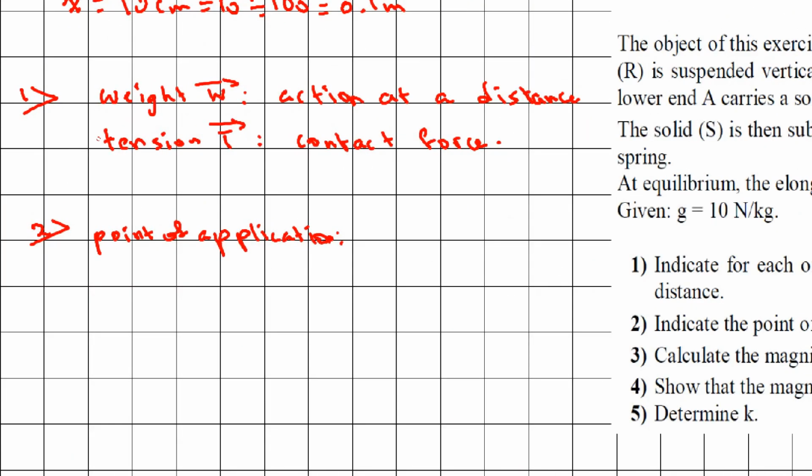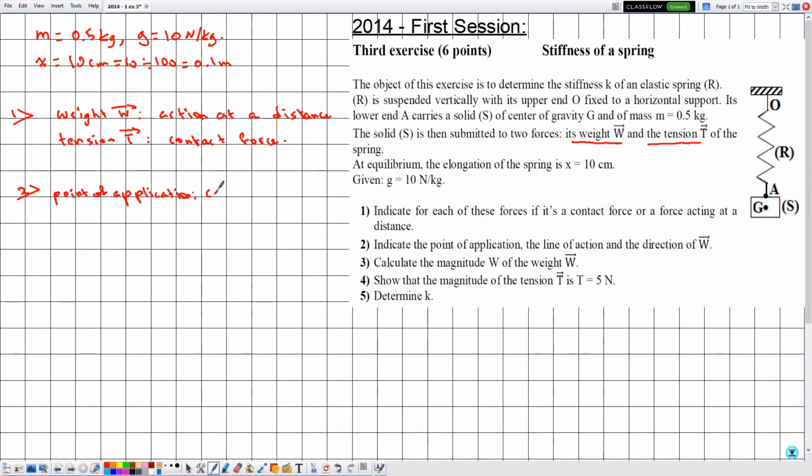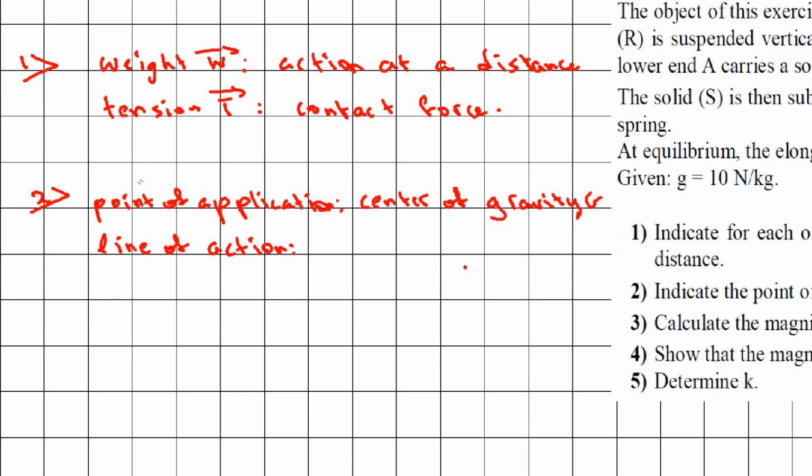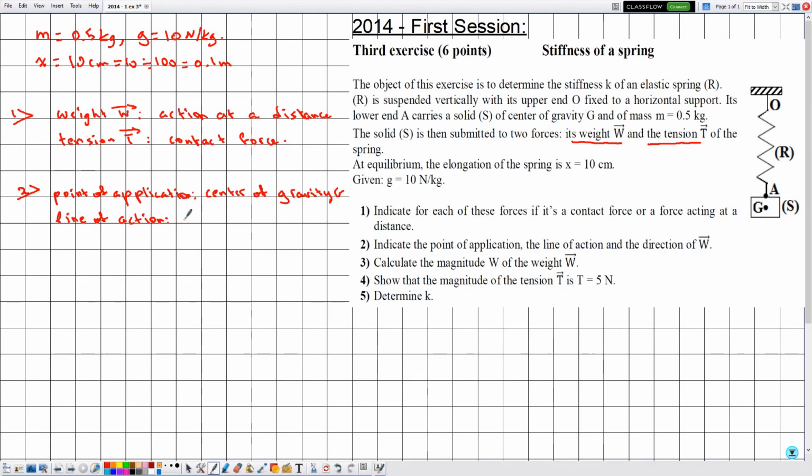Because the weight W is an action at a distance, the point of application will be the center of gravity G. As for the line of action, we know that the weight W always acts on a solid S vertically downward, so the line of action is vertical. And the direction is downward.